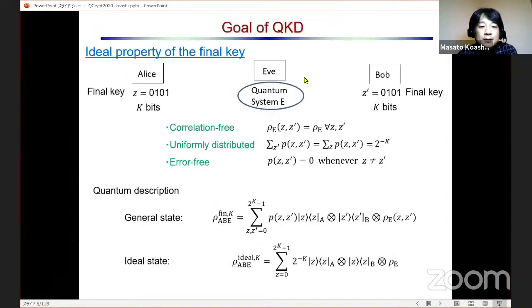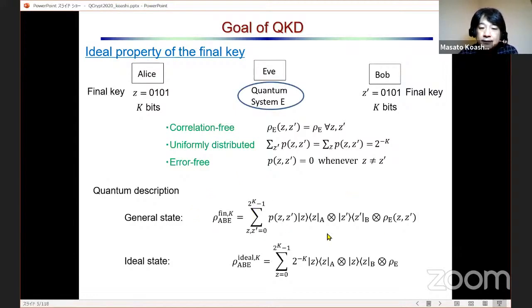The goal of QKD is to create the final key, and the ideal property of the final key is summarized as these 3 properties. There is no correlation to Eve, the distribution is uniform, and there is no error between Alice and Bob. It is convenient to describe Alice's key and Bob's key and Eve's quantum system in a single quantum state like this.